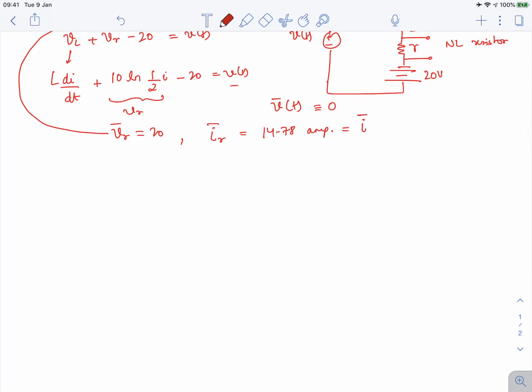Now let's see what would happen in the close neighborhood of these operating points. Coming back to the original equation, I would write L d by dt of I naught plus, let's call it, delta I, plus 10 ln of half of I naught plus delta I, minus 20, is equal to V of t.